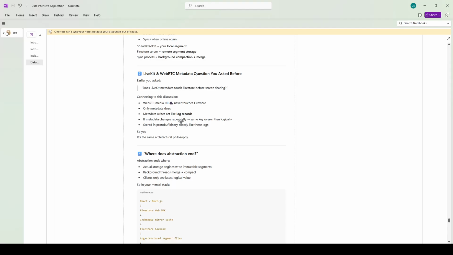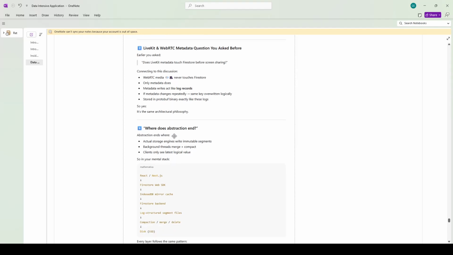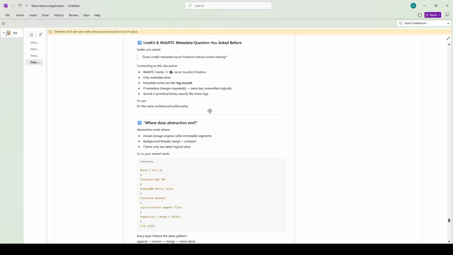So the metadata of LiveKit still uses Firestore log records. If it changes, it's only appended and stored in protobuf binary exactly like these logs. So yes, it's the same architectural philosophy.